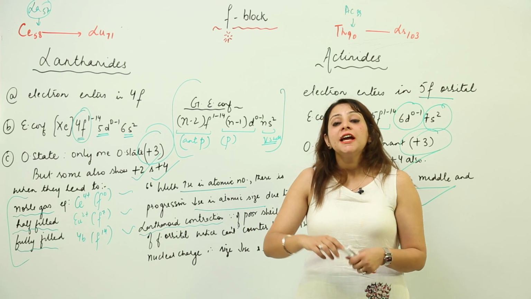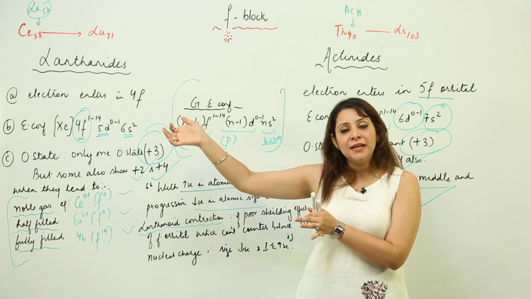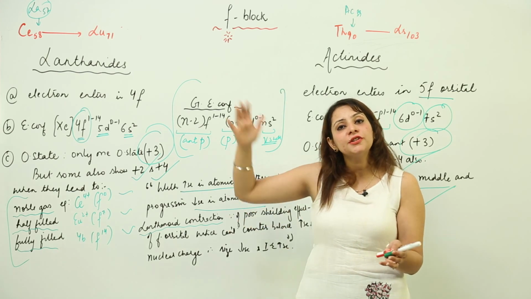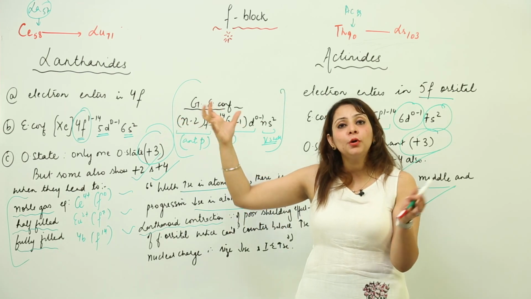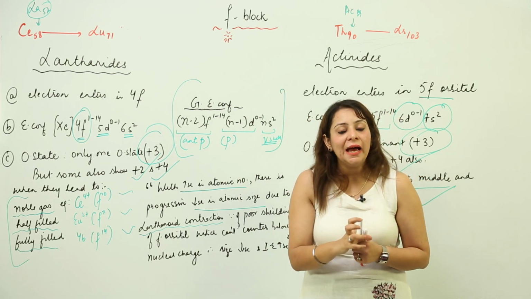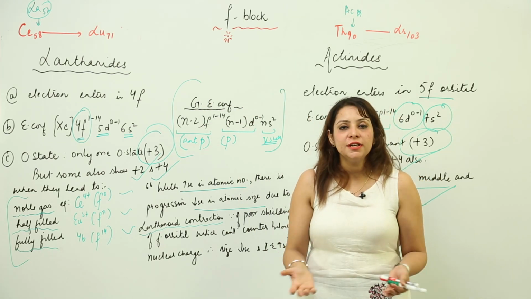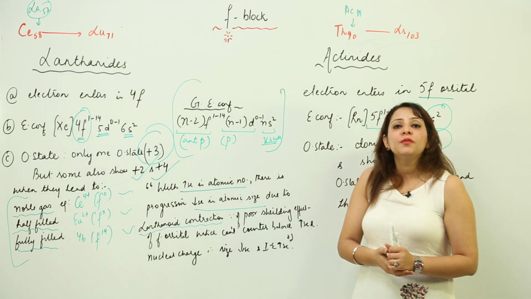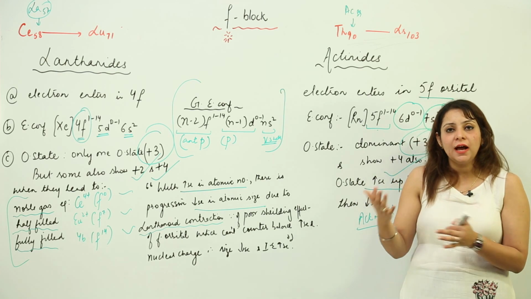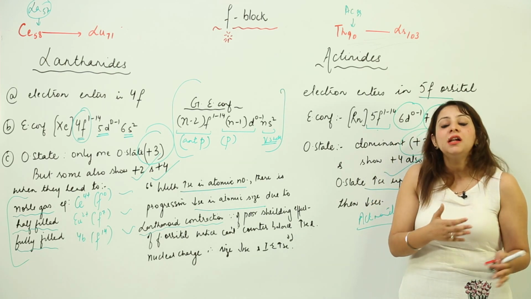That means it won't prevent the outer shell electrons from the nuclear charge, and the nuclear charge is somehow reaching the outer shell electrons. They are pulled more effectively, and that leads to shrinkage in the size and increase in the ionization energy.